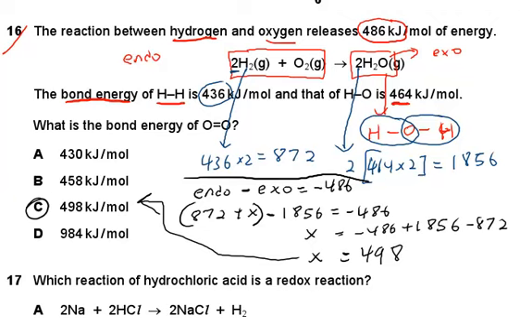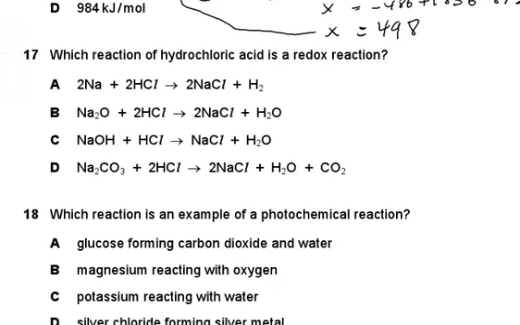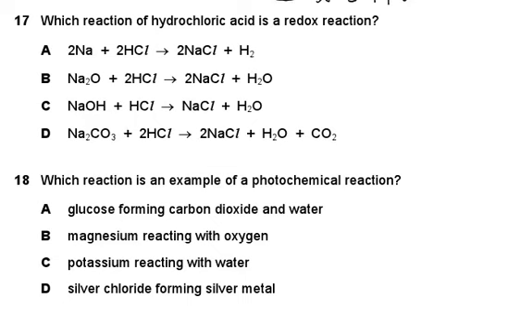Okay, now let us move to question number 17. Which reaction of hydrochloric acid is a redox reaction? Okay, now we look at one by one here. In redox we must have both oxidation and also reduction.